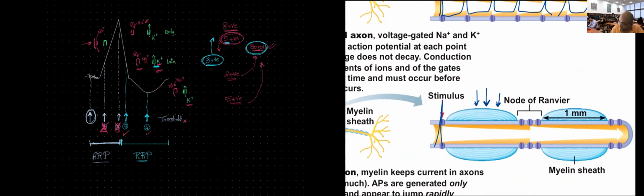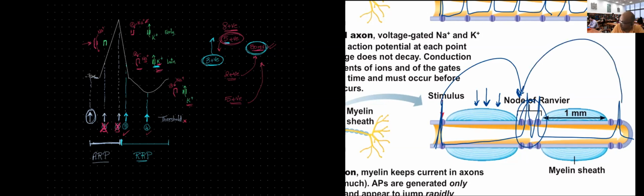So the signals are going to be formed only at the nodes of Ranvier. Depolarization, repolarization, the opening and closure of those channels takes place only at the nodes of Ranvier. So as if the electrical signal is jumping from one node to the next.